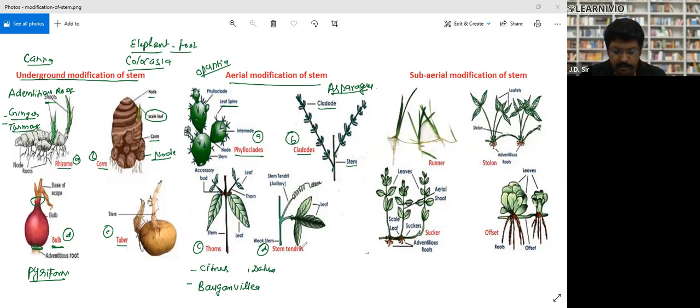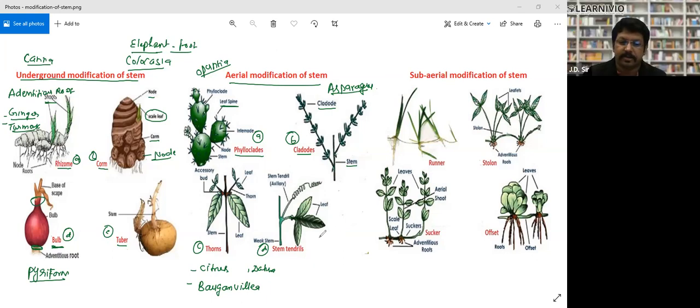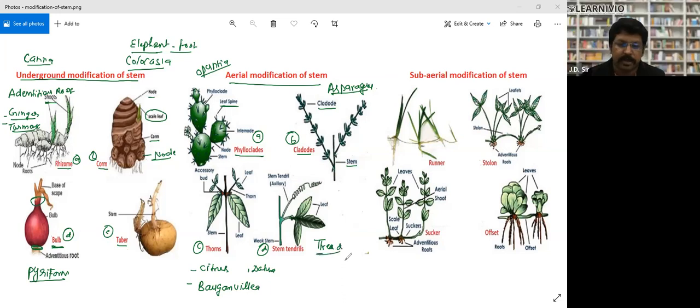They are thread-like structures. They coil around a support and help the plant to climb.